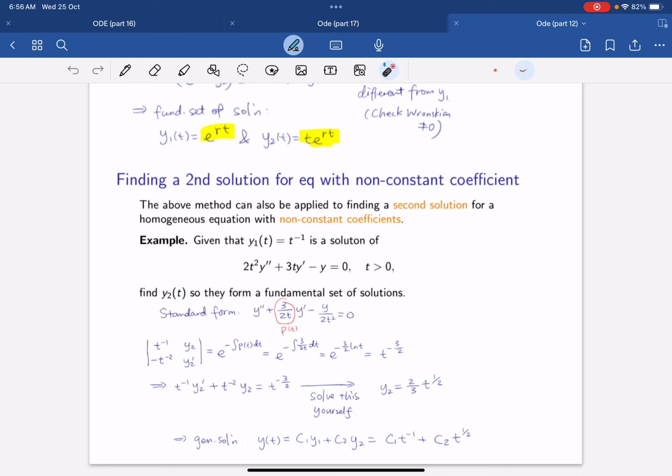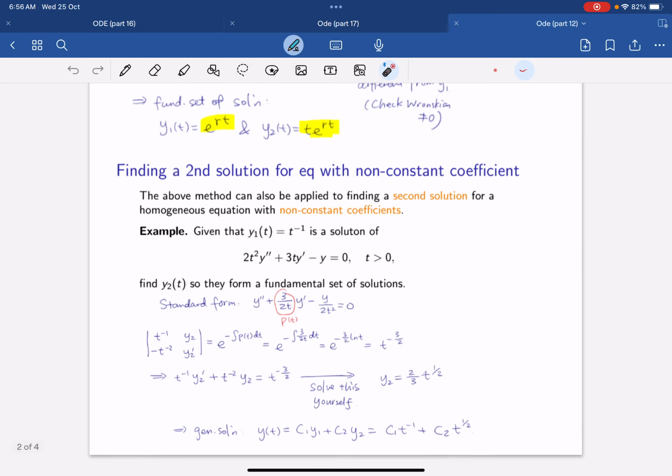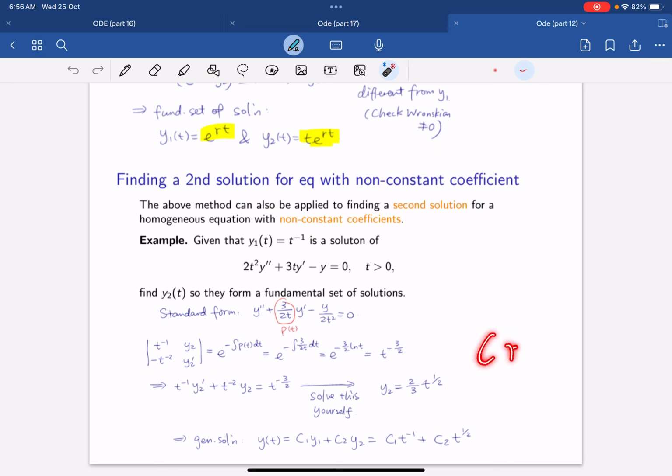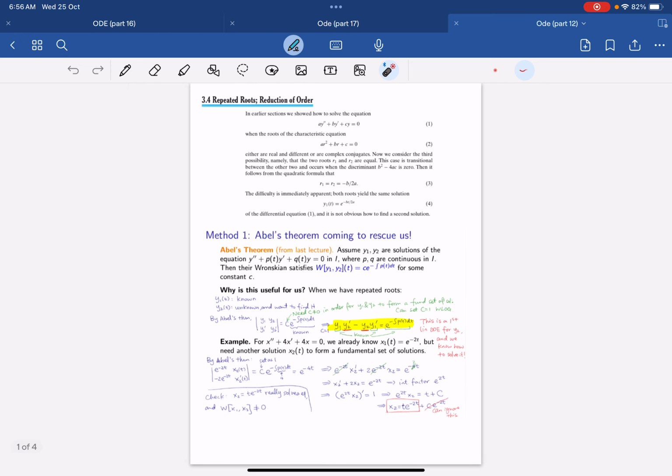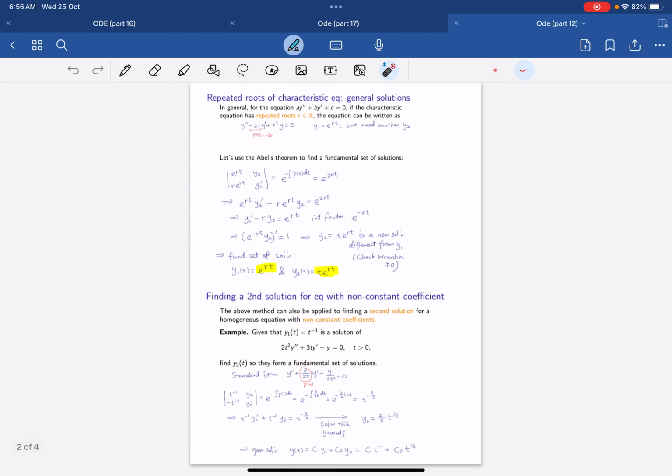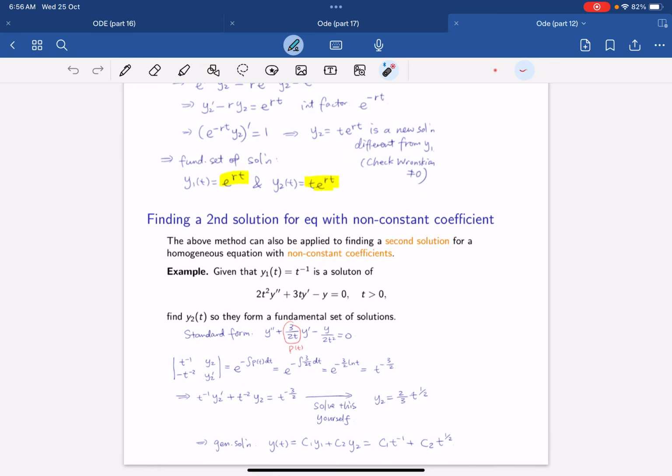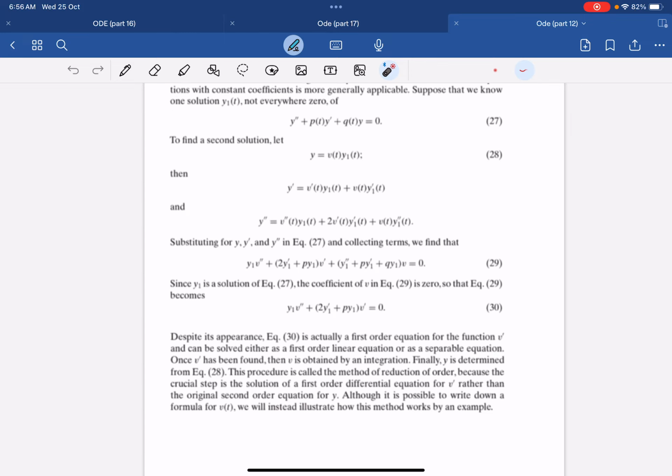Then we can solve this first order ODE to get that y2 equals 2 over 3 e^(t/2), and from that, our general solution is c1 e^(-1) plus c2 e^(t/2). So you can see how we use Abel's theorem to help us solve this repeated roots scenario. With that technique, we are able to apply it to other types of equations, such as having non-constant coefficients.